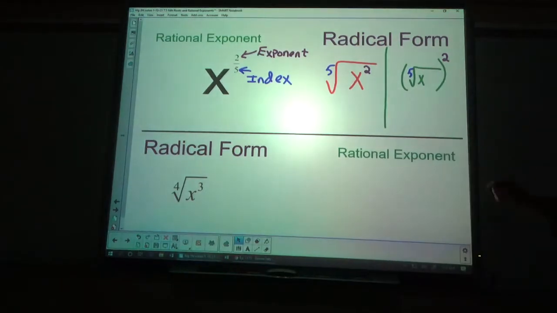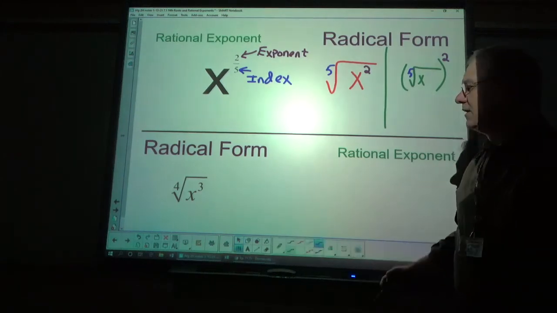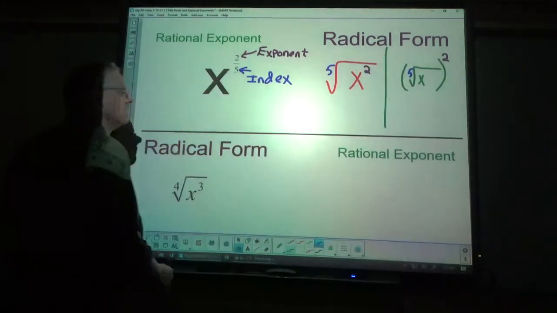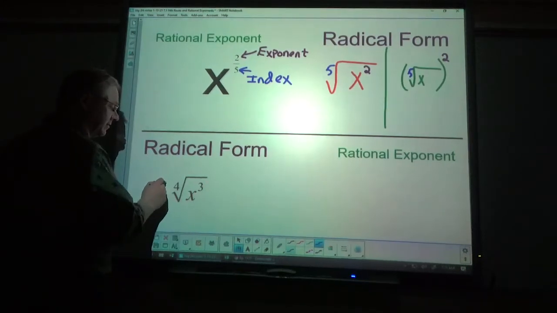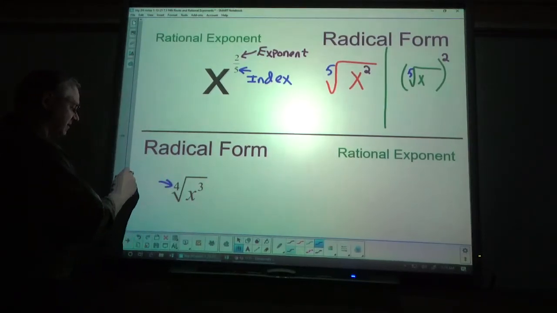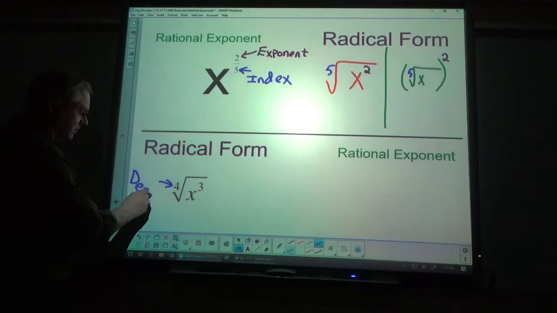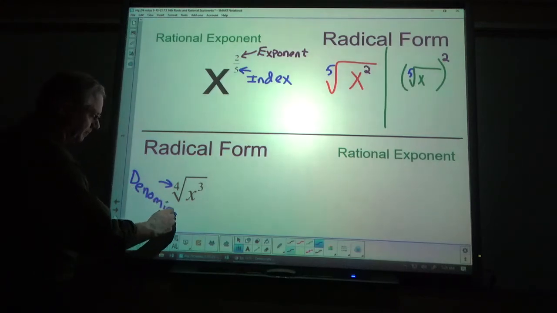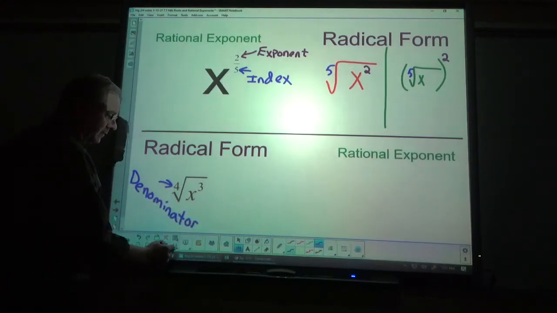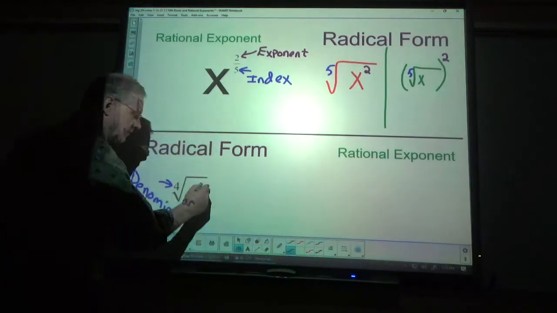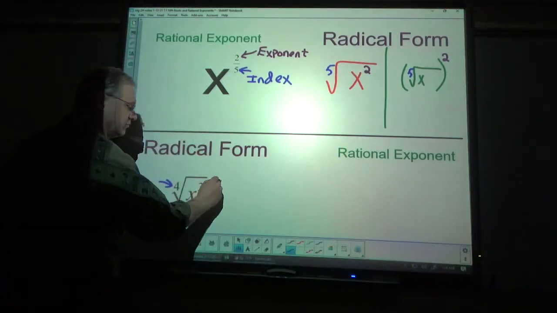What happens when you start with the radical form and you want to go to the rational exponent? Well, as before, the index is the denominator, and the exponent is the numerator.